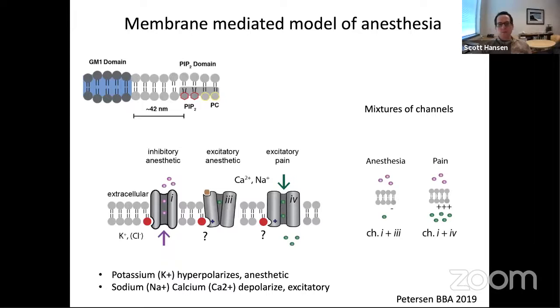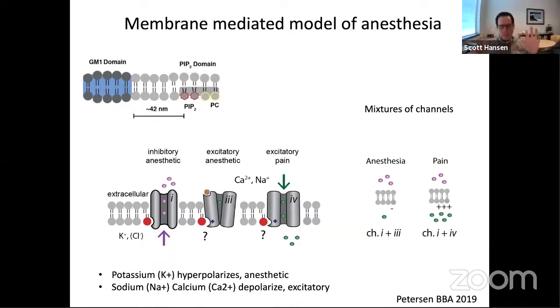And how would this work? This is just a model of how you could get anesthesia based on this lipid membrane principle, on this function of the membrane. If the same lipid activated a channel and then inhibited another channel, then moving the channels in and out of these lipids could have the opposite effect.